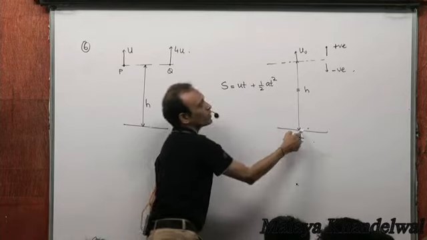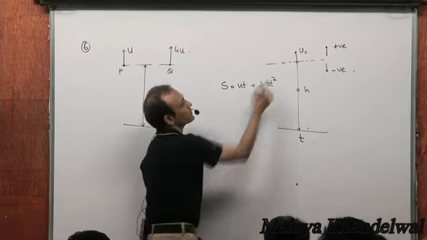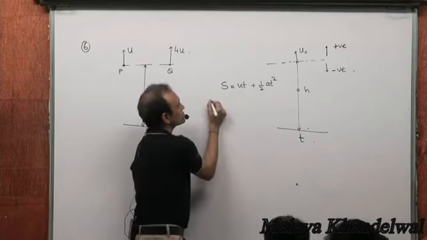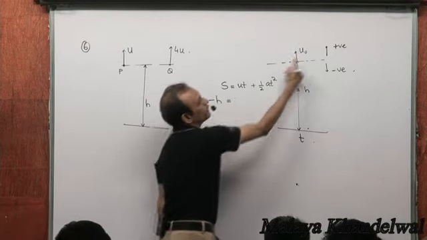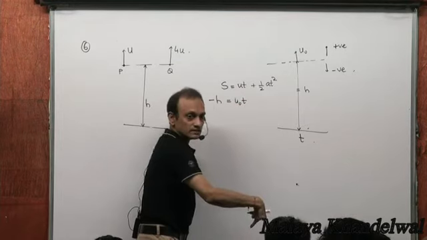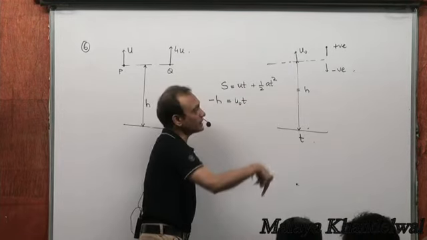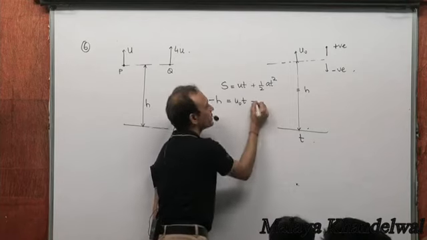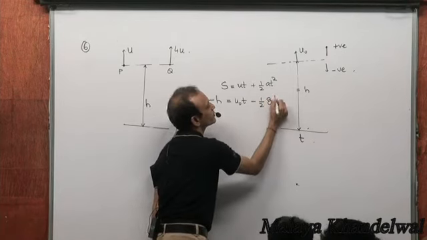When it reaches the ground, what's the displacement? Minus h, because I've taken downward negative. u will be u naught upward positive, u naught t. a is negative, minus g because I've taken downward negative. Yes, so minus half gt squared.